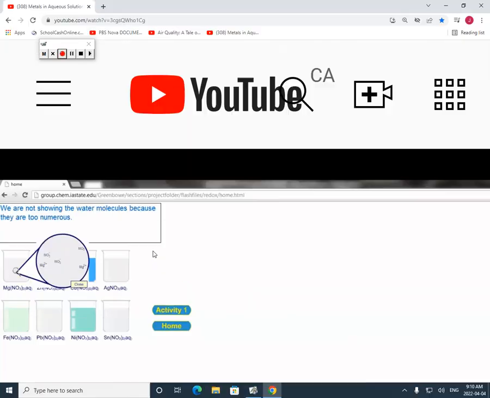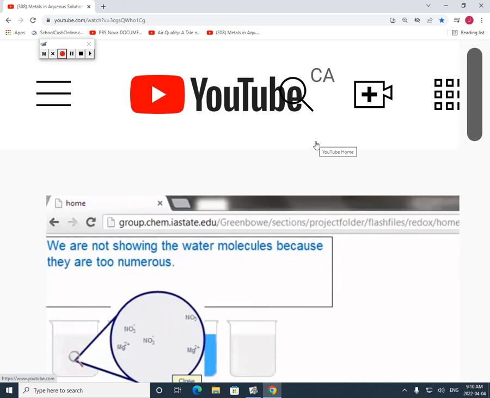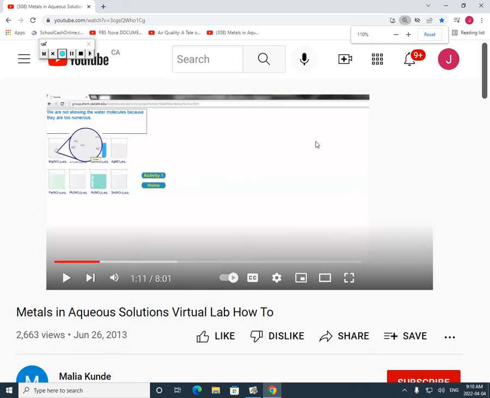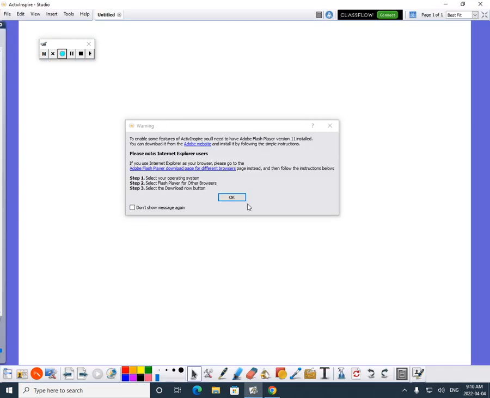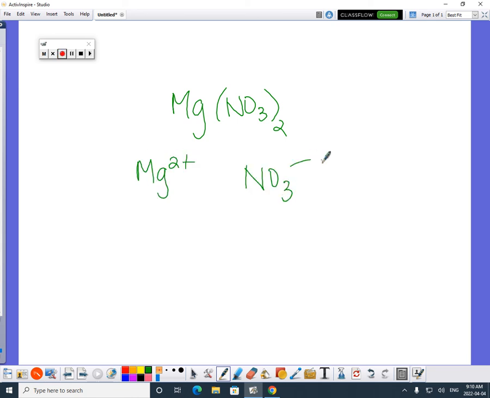If you have the formula for magnesium nitrate, and in the beaker we're going to have magnesium and nitrates, okay?